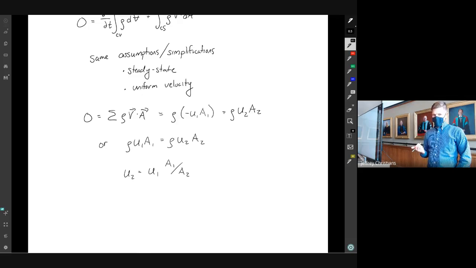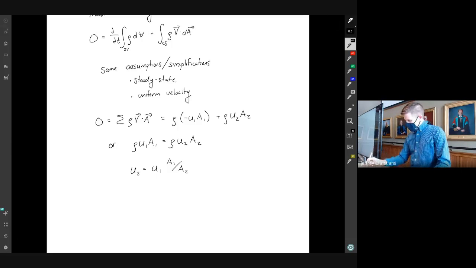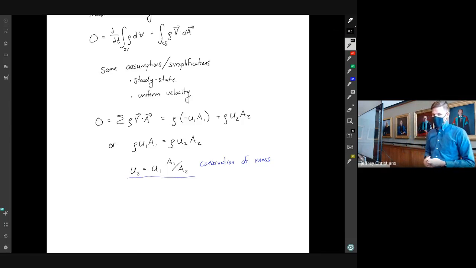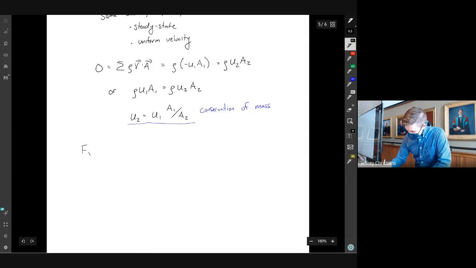Okay, that's conservation of mass. Now we can plug that into our linear momentum equation. So the net force in the x direction is equal to density times U2 squared A2.